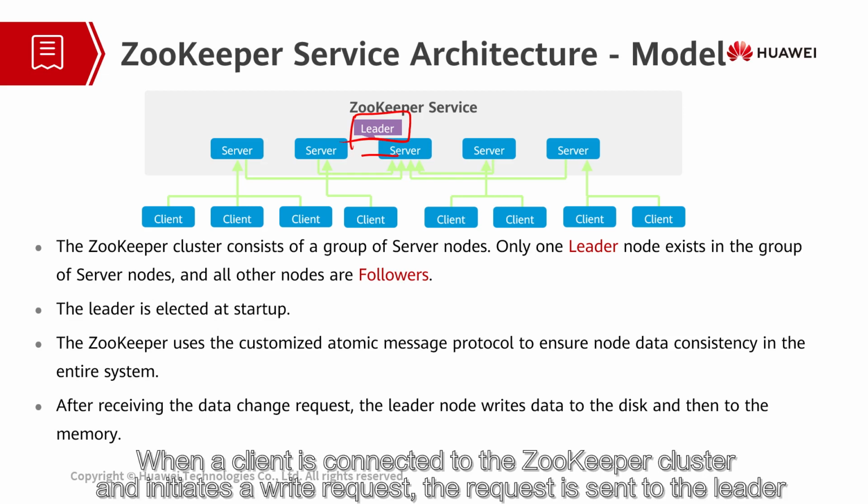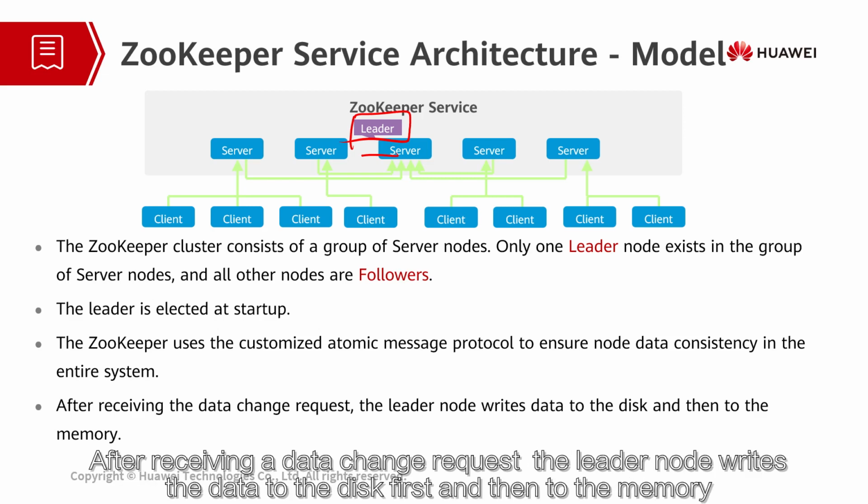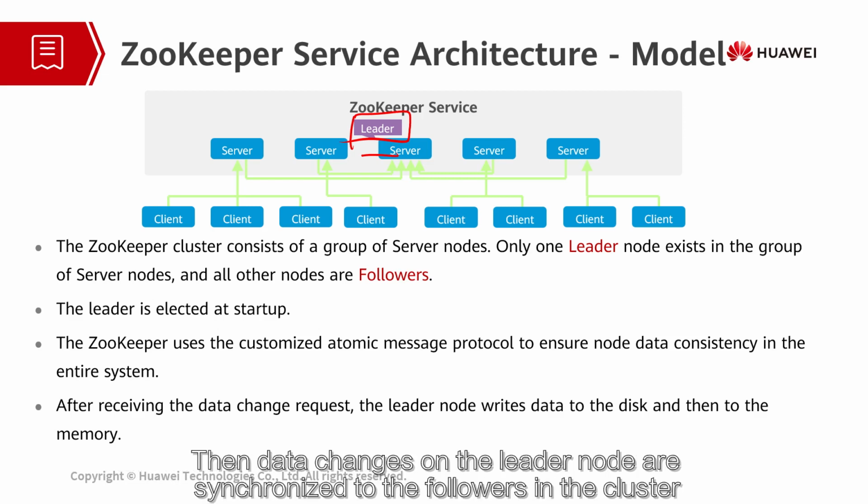When a client is connected to the ZooKeeper cluster and initiates a write request, the request is sent to the leader. After receiving a data change request, the leader node writes the data to the disk first and then to the memory. Then data changes on the leader node are synchronized to the followers in the cluster.